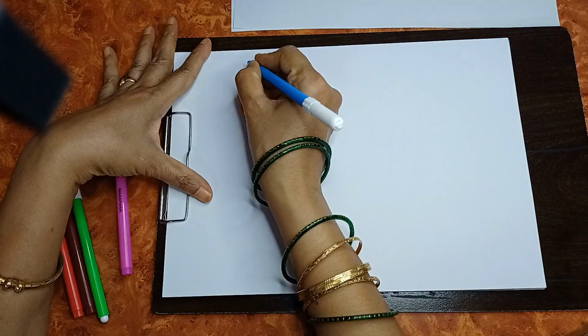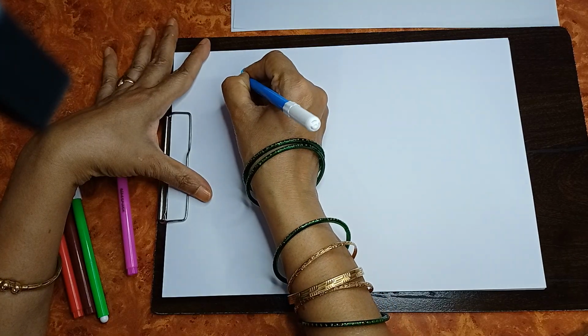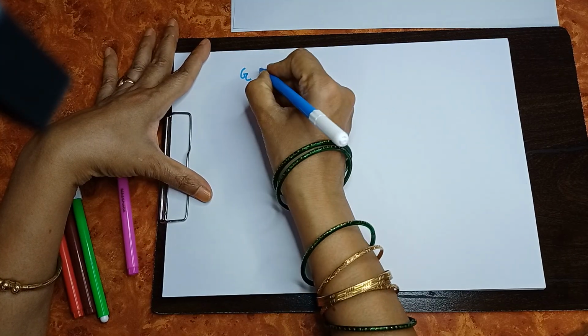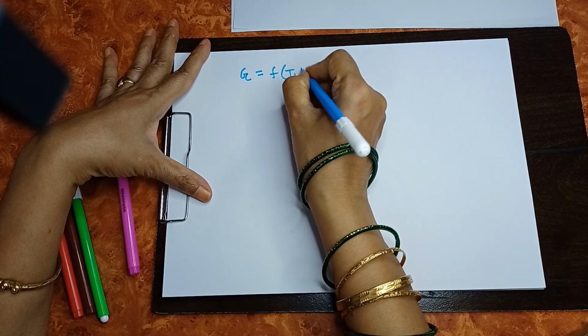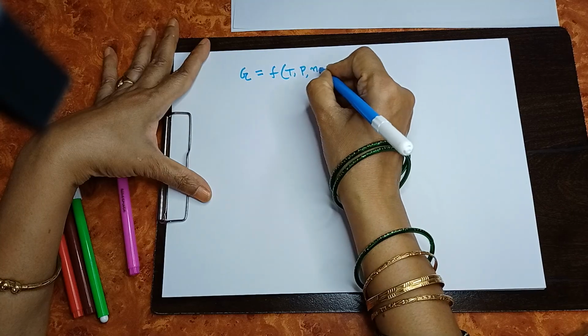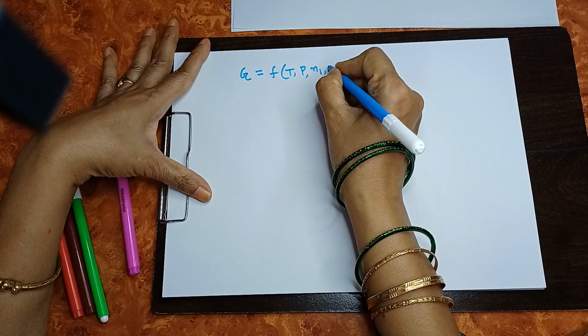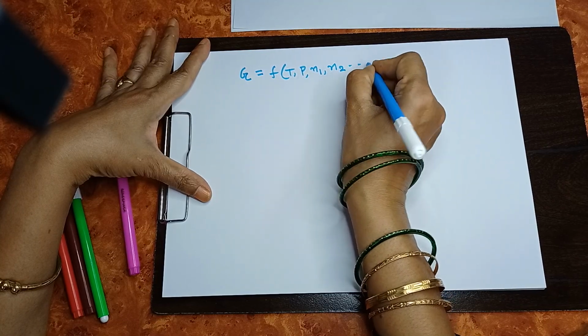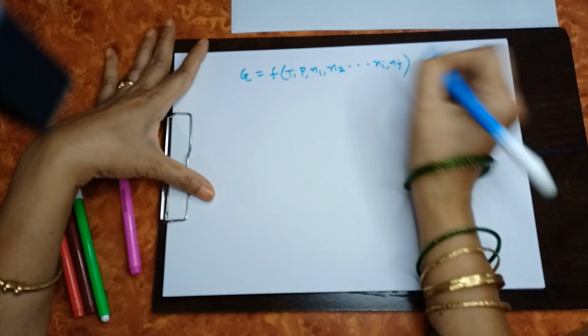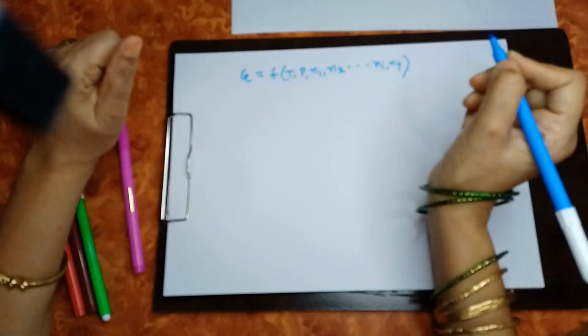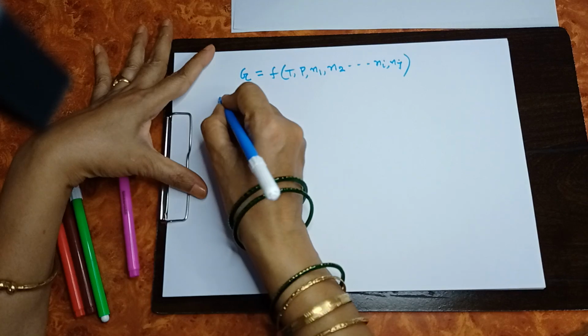So the Gibbs free energy G, which is an extensive property, is a function of temperature, pressure and the number of moles of different components N1, N2, Ni or Nj, etc.